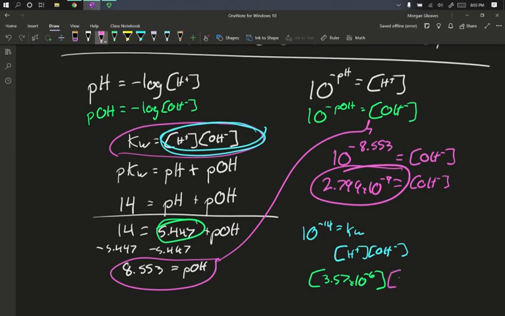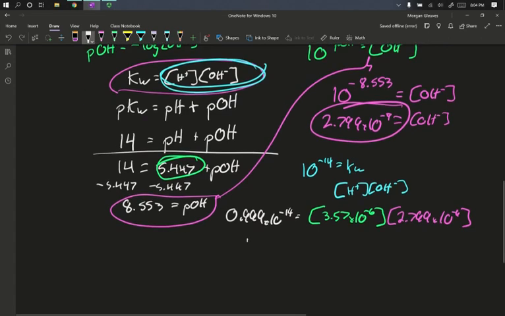If we plug that in, 2.799 times 10 to the minus 9, they ought to equal Kw. So 3.57 times 10 to the minus 6 times 2.799 times 10 to the minus 9 gives 0.999 times 10 to the minus 14, which is basically 1 times 10 to the minus 14 with a little rounding error.